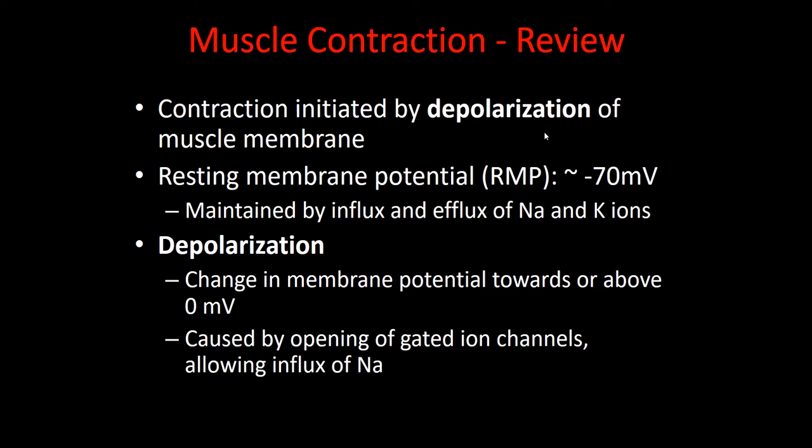Before contraction can occur, the membrane potential has to depolarize. So it has to get closer to zero or even above zero by opening particularly sodium channels, allowing sodium to influx. In cardiac muscle cells, it's both a sodium channel and a calcium channel, and so you get a longer depolarization period, this weird plateau phase, which makes tetanus impossible.